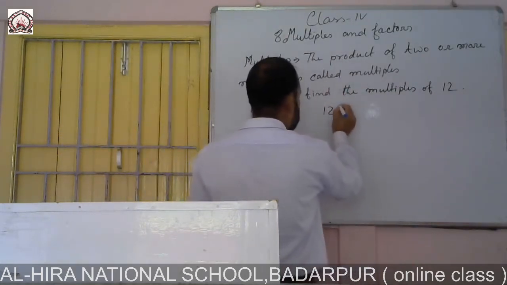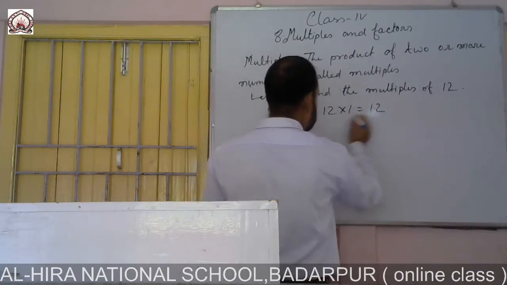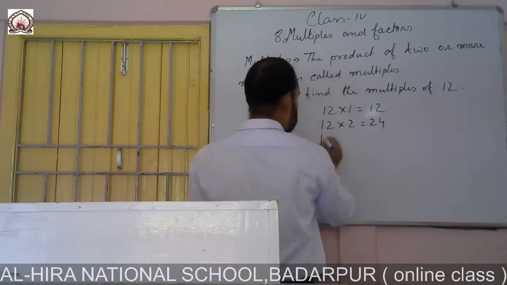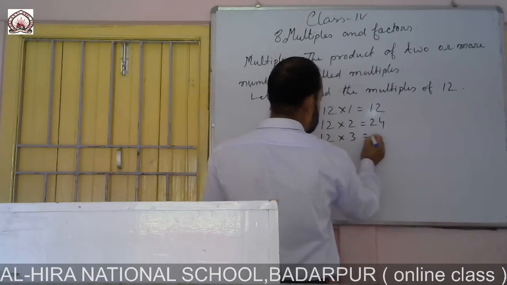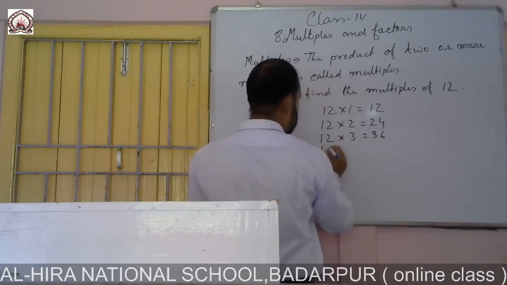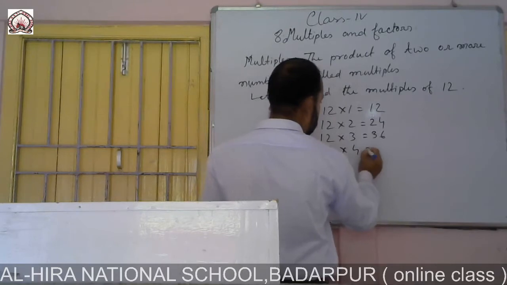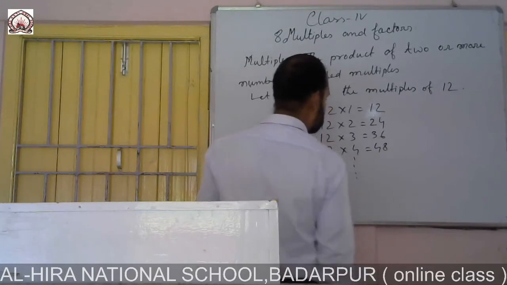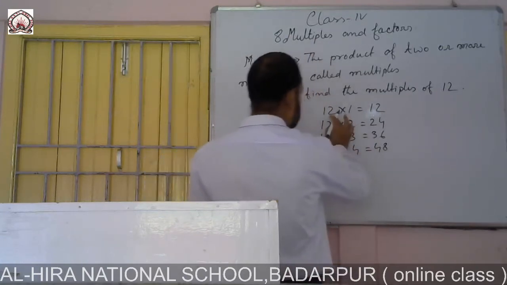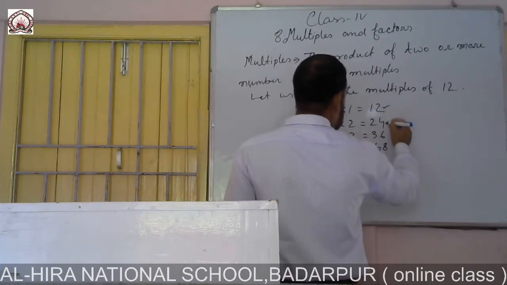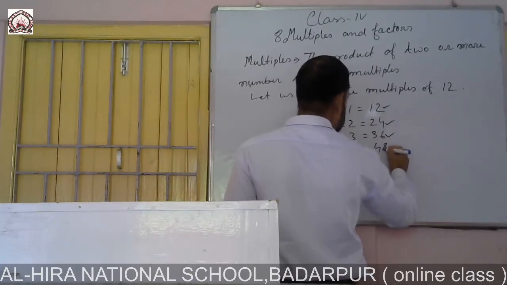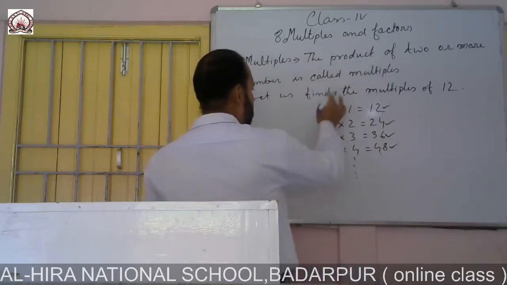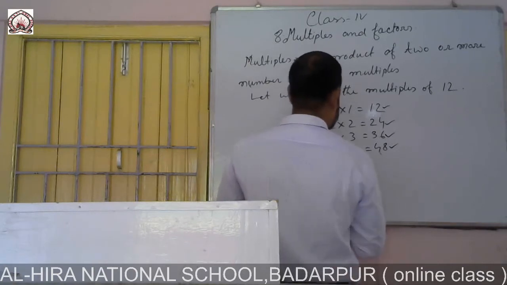Suppose 12 1 is 12. 12 2s are 24. 12 3s are 36. 12 4s are 48, and so on. Here the products 12, 24, 36 and 48 and so on are the multiples of 12.